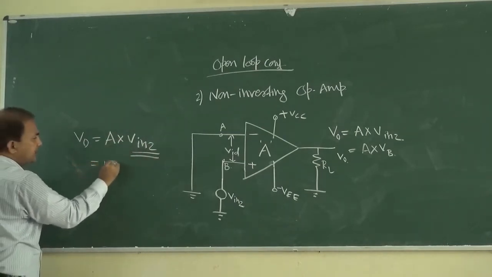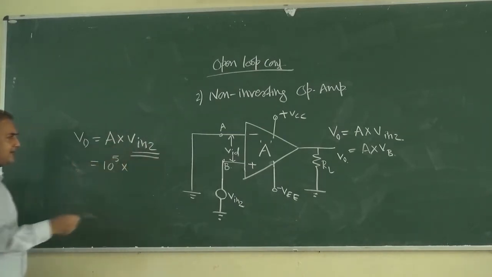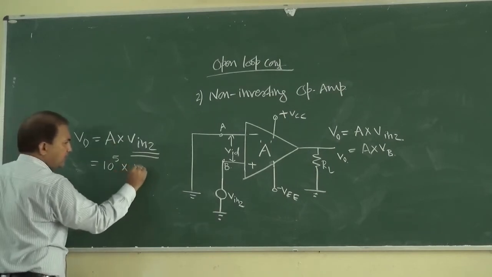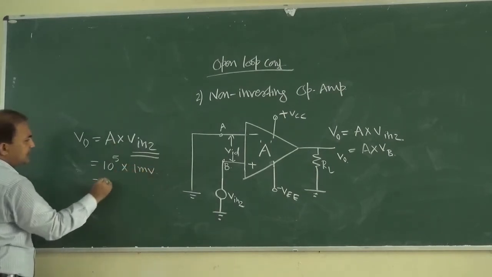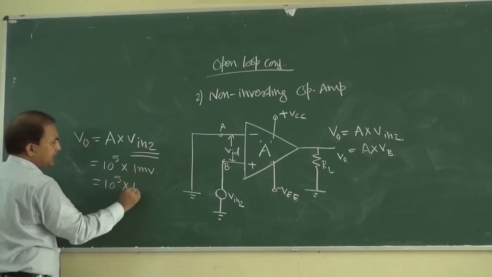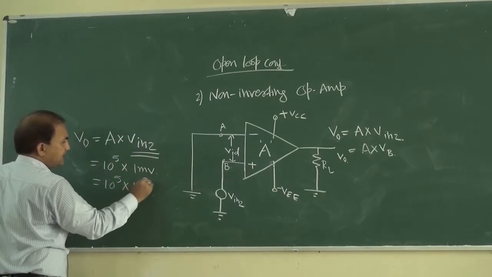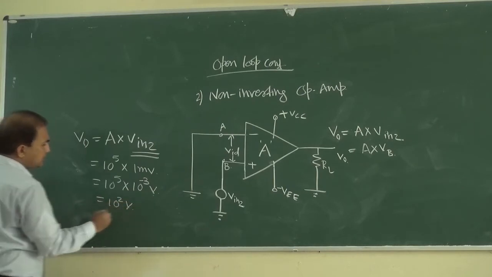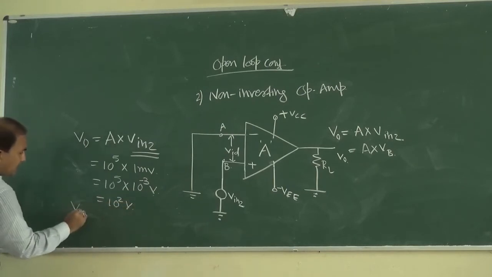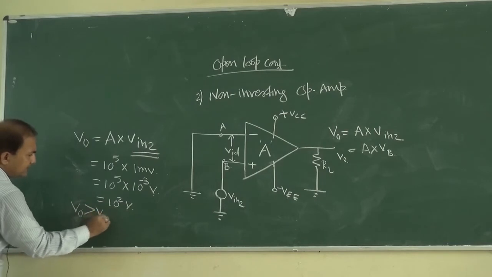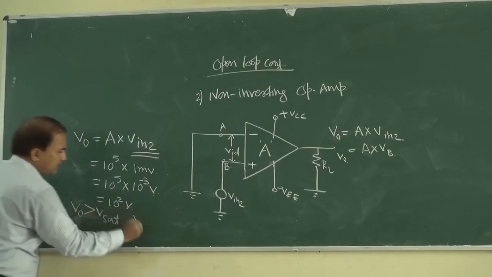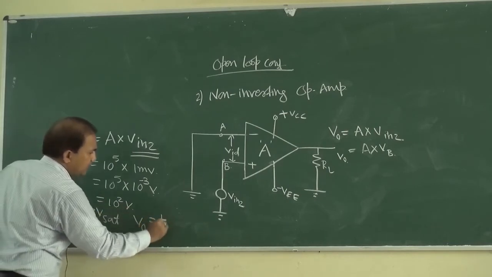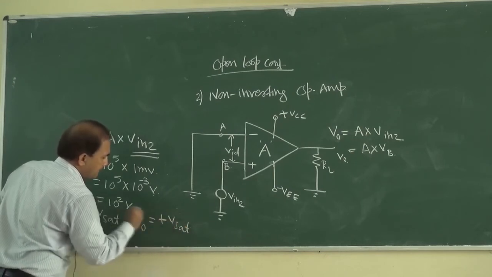Normally A is say 10 to the power 5. If V_in is 1 millivolt, it is equal to 10 to the power 5 into 10 to the power minus 3 volt, so it is equal to 10 to the power 2 volt. But V output is more than this Vsat, so V output here is equal to plus Vsat.